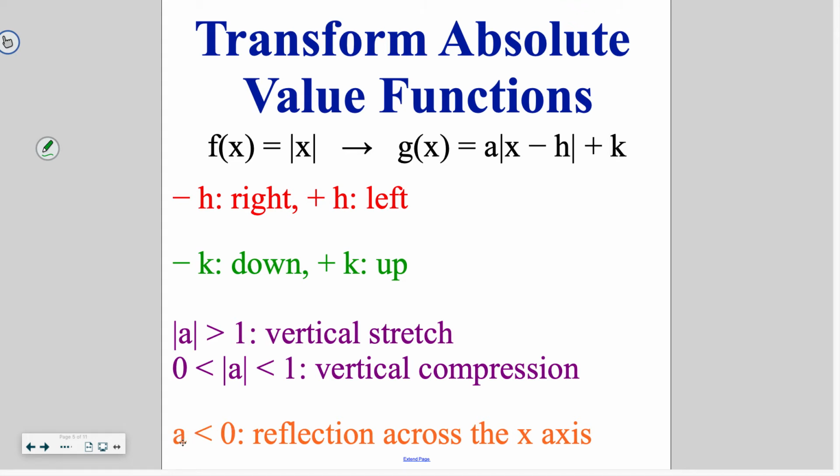If our value is below 0, aka a negative number, it's a reflection across the x-axis. So it's saying you took your original absolute value function and flipped it upside down. So for example, if your a value was -1/2, that would mean you have a vertical compression and a reflection across the x-axis. So that a controls stretching and compressing as well as the reflections.